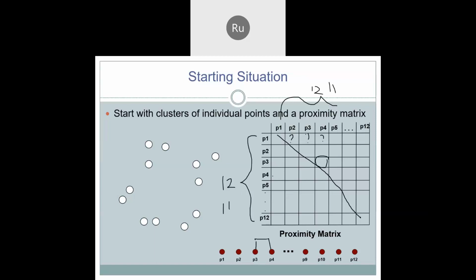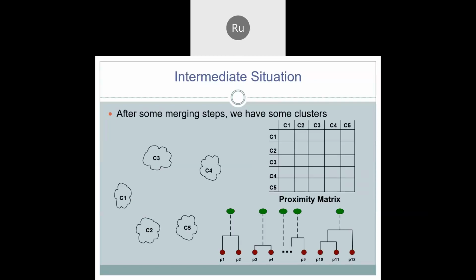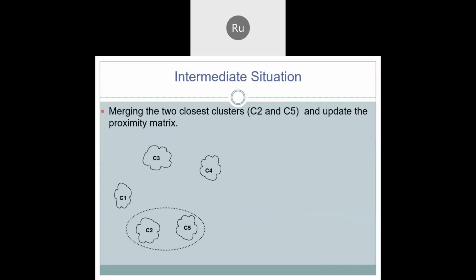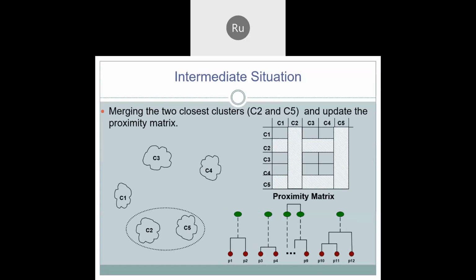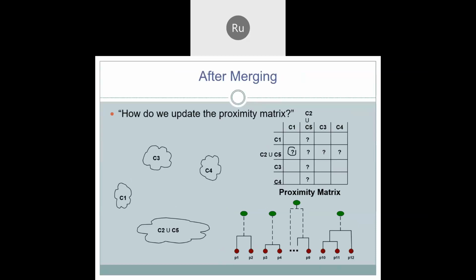Suppose we have reached 5 clusters, so we have a 5 times 5 matrix. Let's suppose we join C4 and C5. These two have been merged, so you need to find the new distance between the newly merged cluster and the rest of the old clusters.